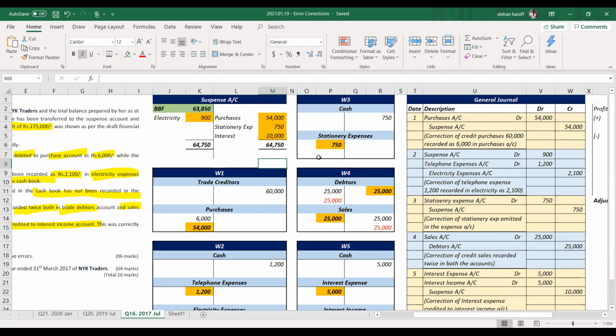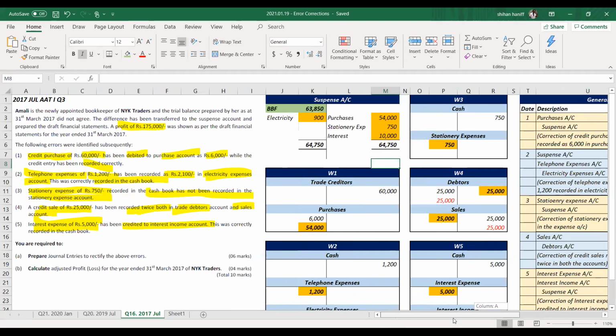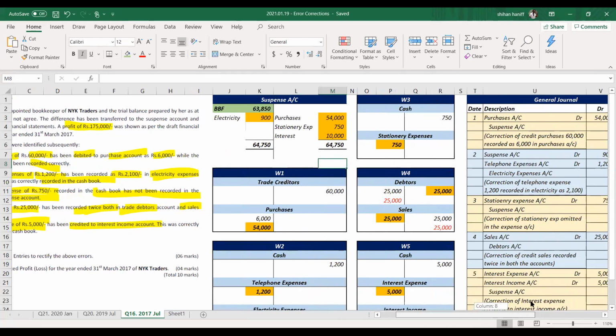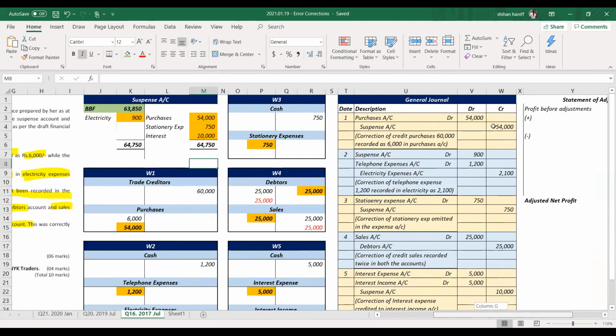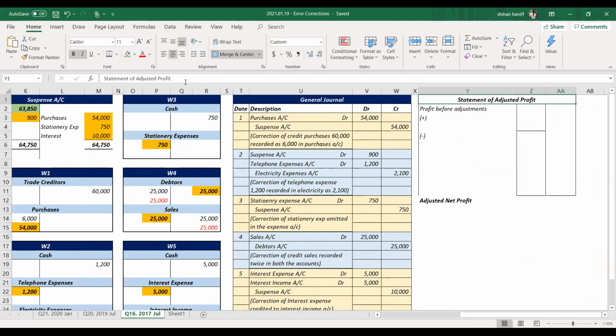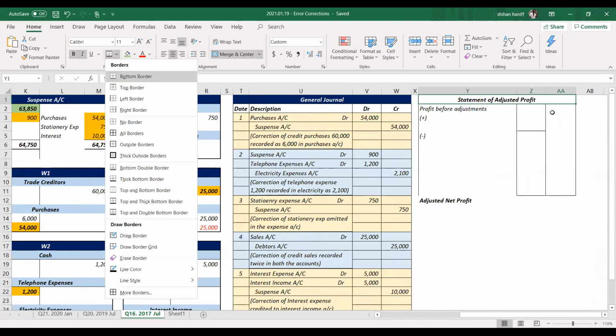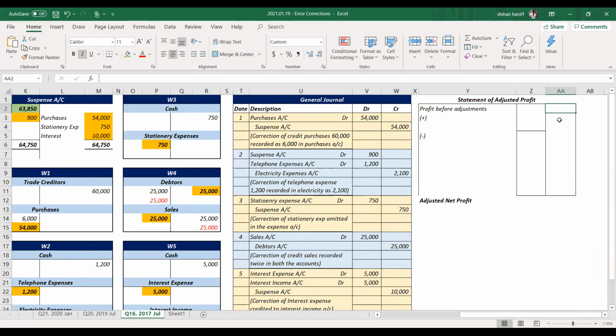Now the easiest part, profit calculation. 175 is the drafted profit. So in the statement of adjusted profit, profit before adjustment is 175,000.